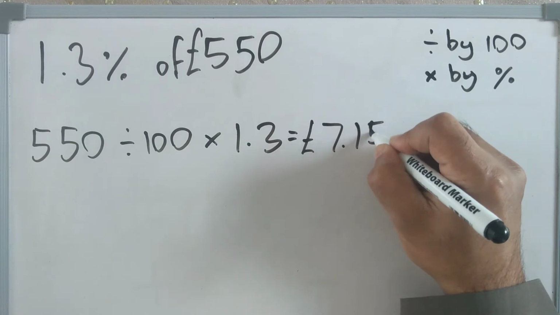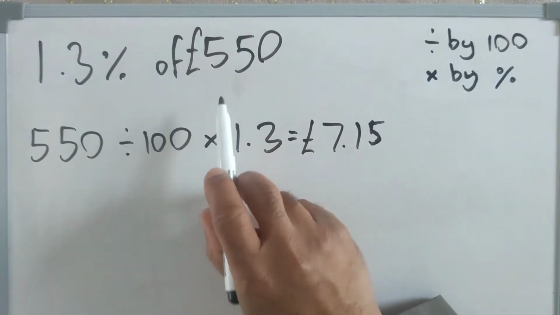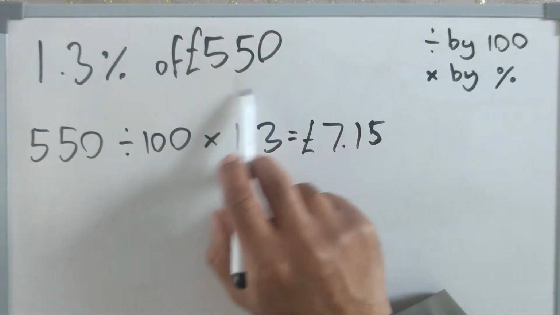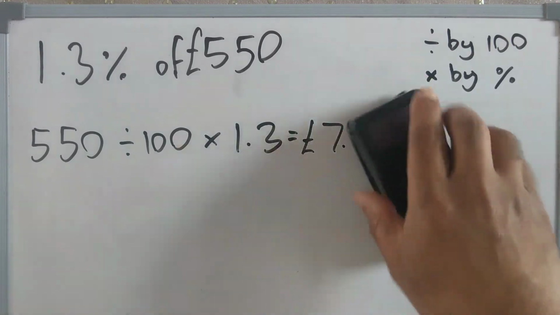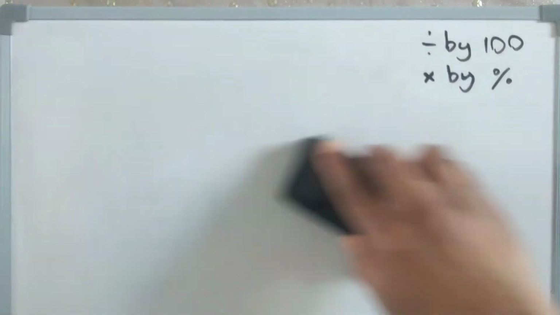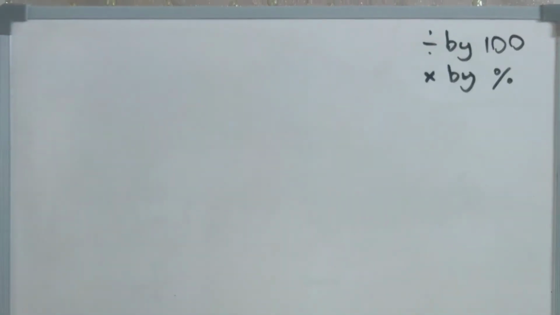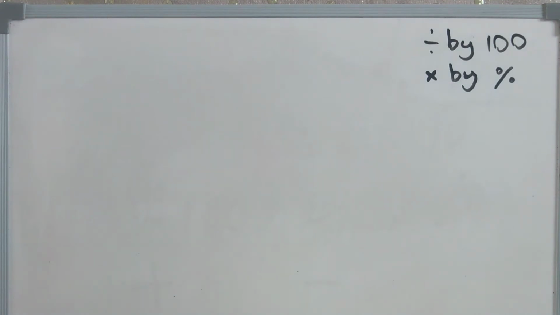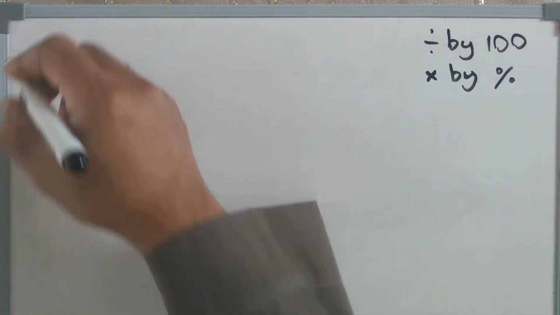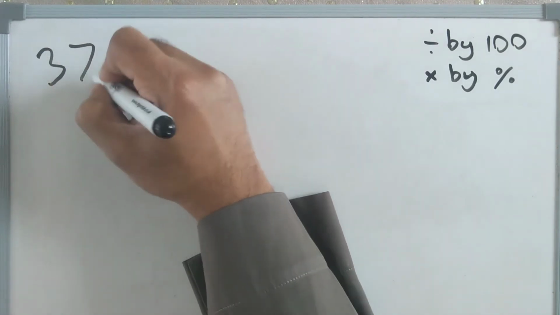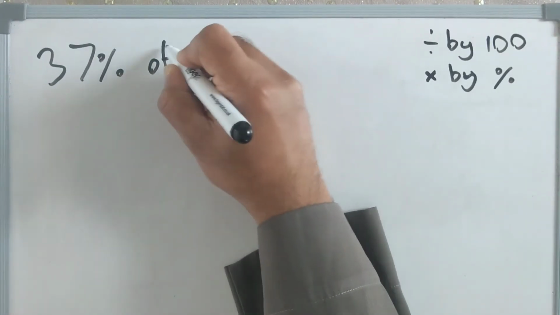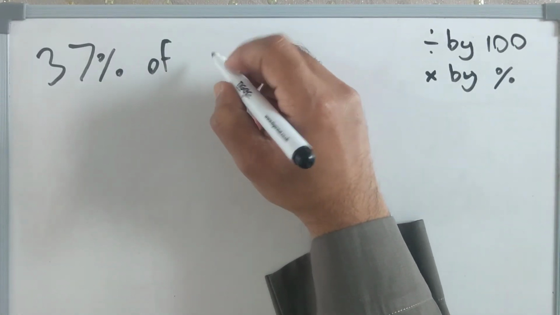So far in every example, I've imagined that the amount we're starting with is money, but it doesn't necessarily have to be money. It could be anything. It could be a distance, it could be number of people, it could be number of cars. So for example, we're told that 37% of people pass.